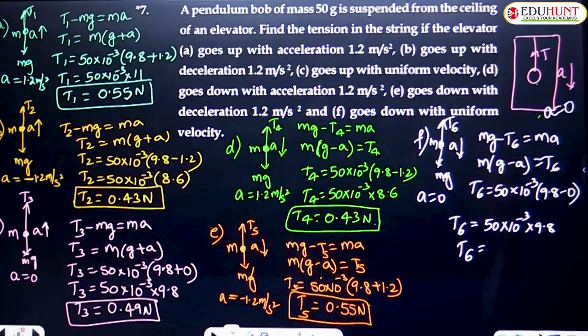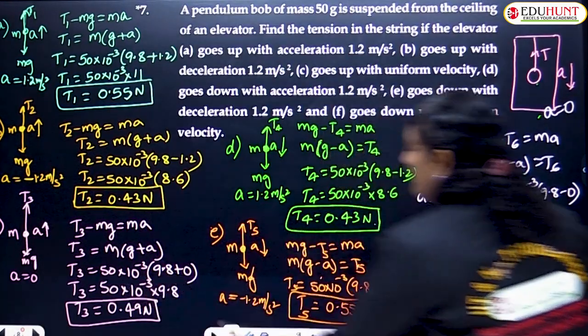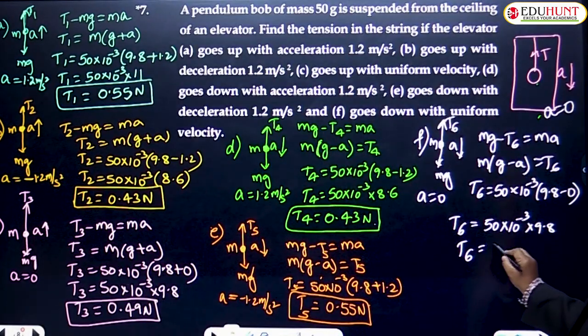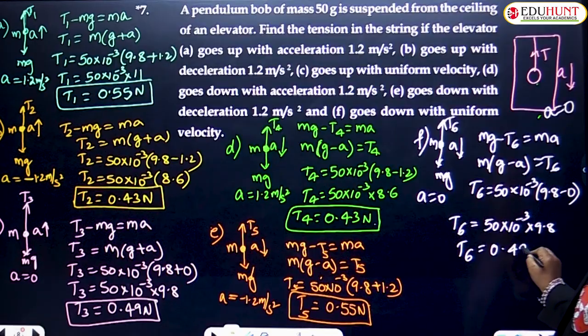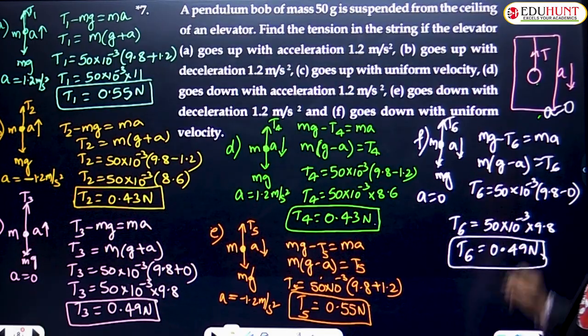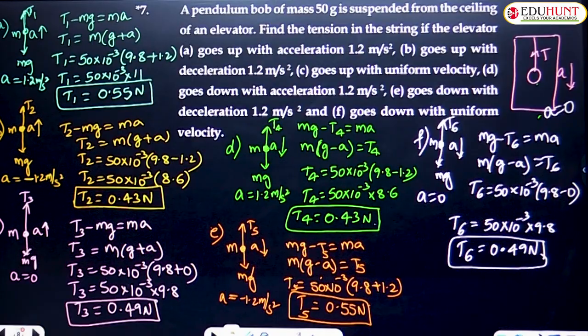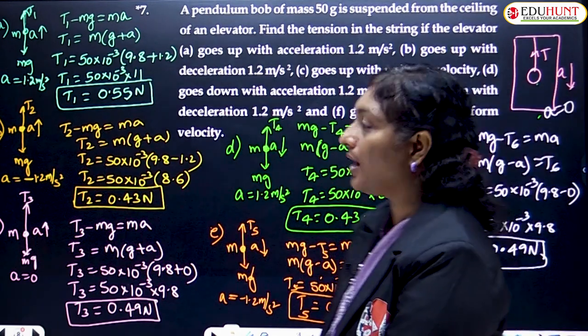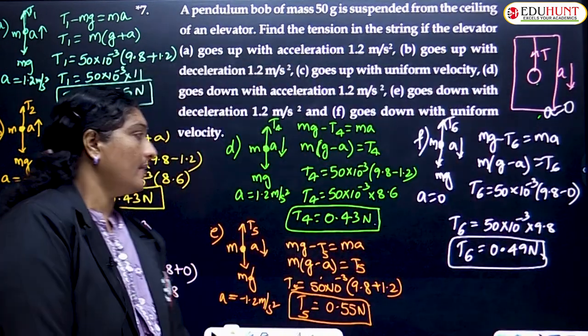So with 0 acceleration, 50 into 10 power minus 3 into 9.8, whose value is found to be 0.49 newtons. So these are the different cases that are possible with the lift: upwards, downwards, acceleration, deceleration, uniform velocity. All modes are covered, and hence the result.